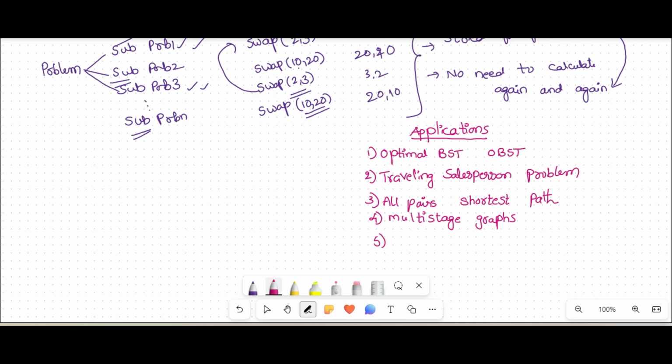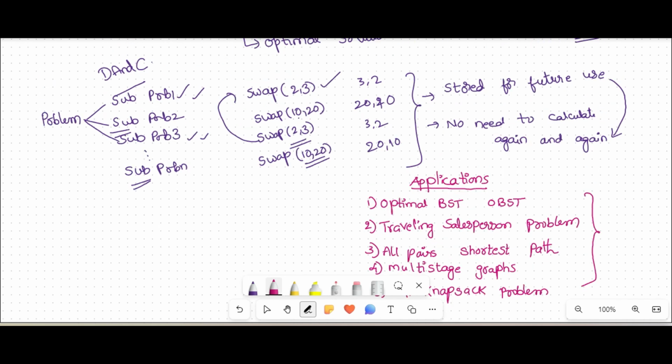Already we discussed it in the greedy approach, so here we are going to discuss the 0/1 knapsack problem. These are the applications we are going to discuss in the dynamic programming concept.